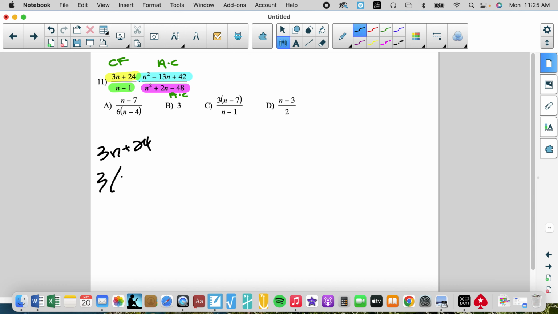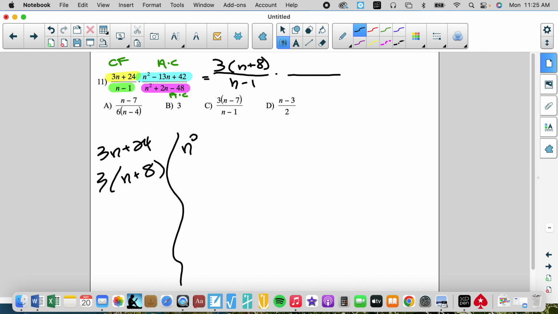I have to factor out a 3, and that leaves me with 3 times the quantity n plus 8. So this now is 3 times the quantity n plus 8. That denominator n minus 1 can't be factored. And now I'm going to factor this, n squared minus 13n plus 42. I'm going to do a times c.